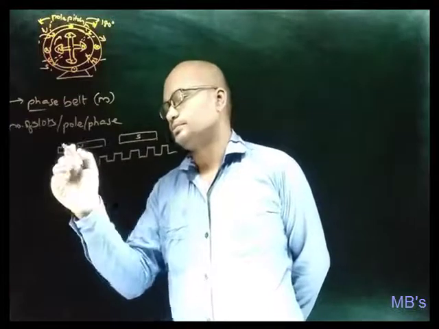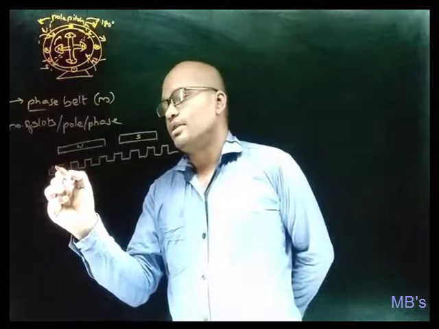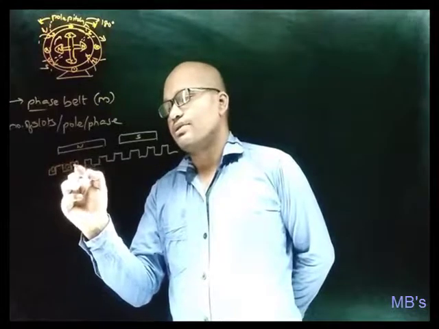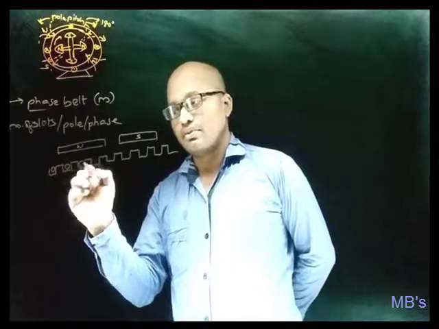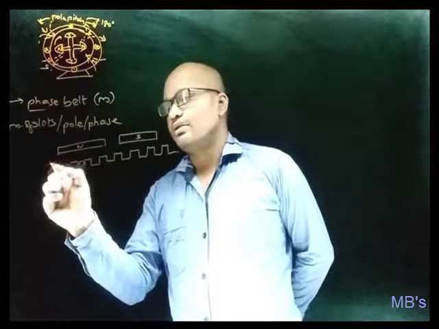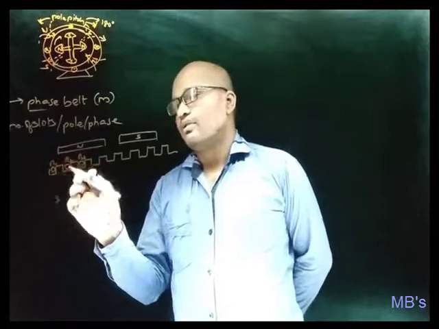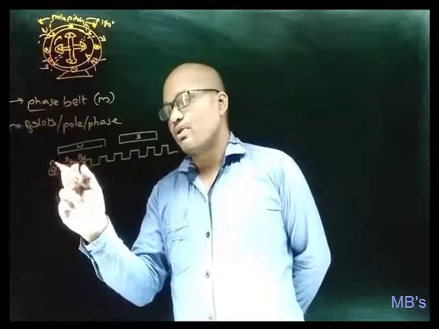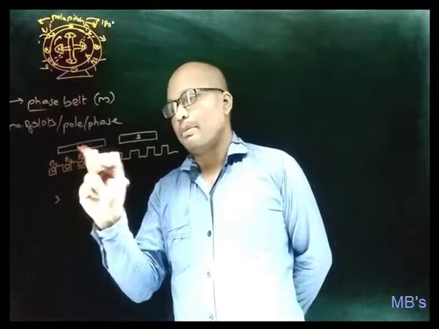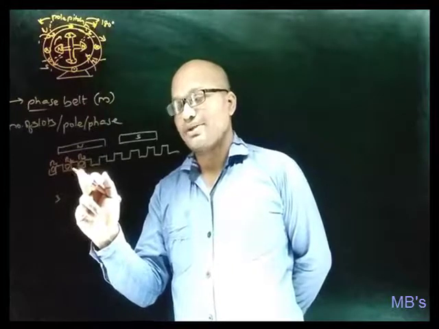If I place the R-phase conductors in 3 slots which are under the influence of the North Pole, then M is said to be 3, because M is the number of slots per pole per phase. So R-phase conductors are distributed in 3 slots.